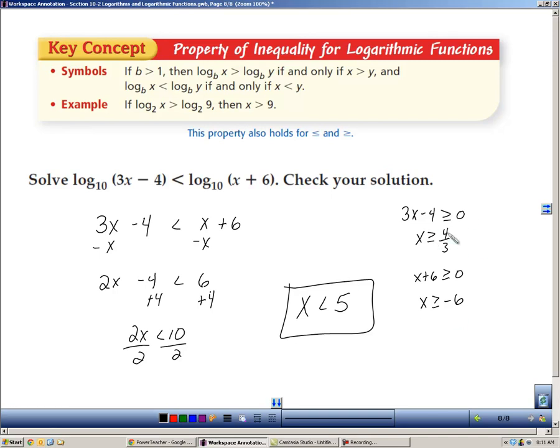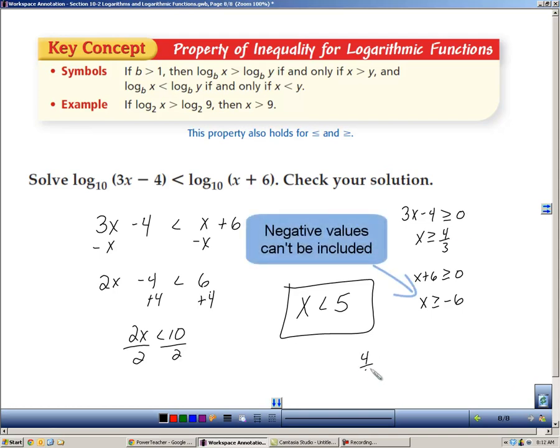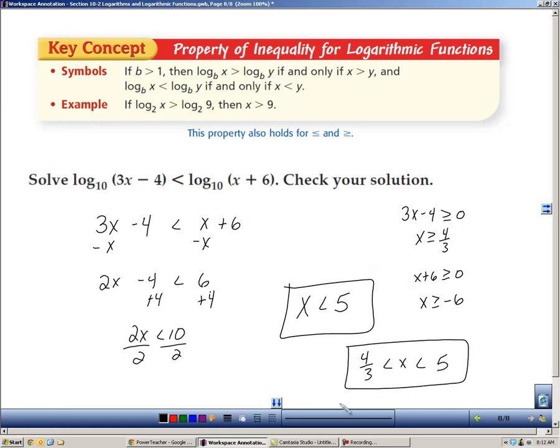We want numbers that are bigger than 4/3, that are bigger than -6, and that are less than 5. Well, the only numbers that are bigger than -6 are also the ones that are bigger than 4/3. So we need them to be both of these. So really we're just looking for numbers that are bigger than 4/3, but smaller than 5. So this would be my final solution, my final answer, because this includes all the values that will make my logs positive values.